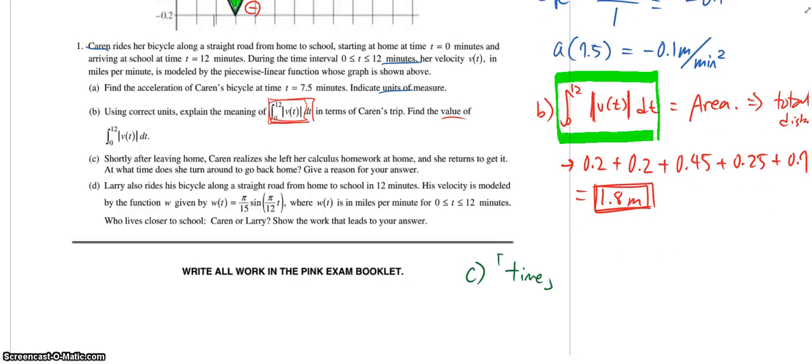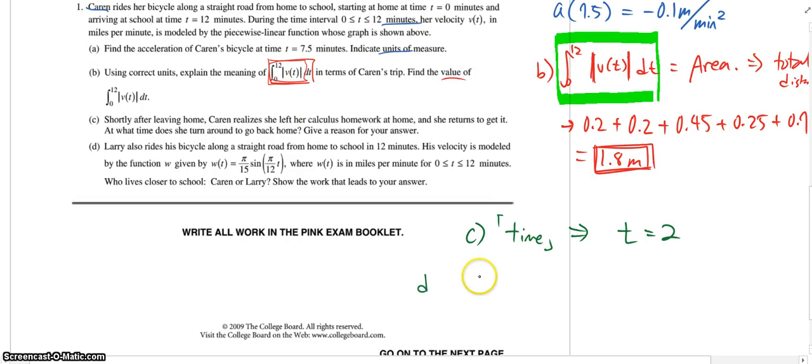She left her house at 0, and at time equals 2, she turned back toward her house to get something. So t equals 2 is the answer, because that's when the sign of her velocity changed, which means the direction of her displacement changed.